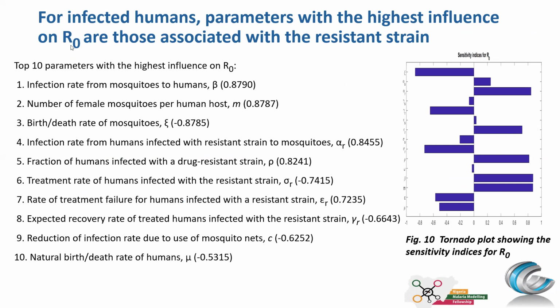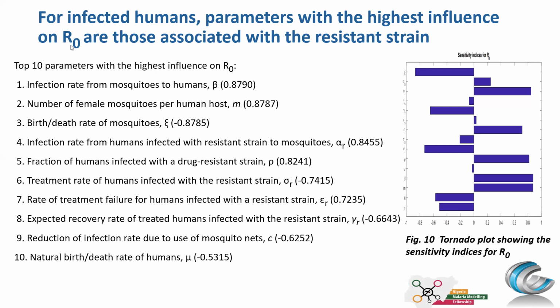the parameters include the infection rate from humans infected with the resistant strain to mosquitoes, then the fraction of humans infected with a drug-resistant strain, the treatment rate of humans infected with the resistant strain, and also the rate of treatment failure for humans infected with the resistant strain.